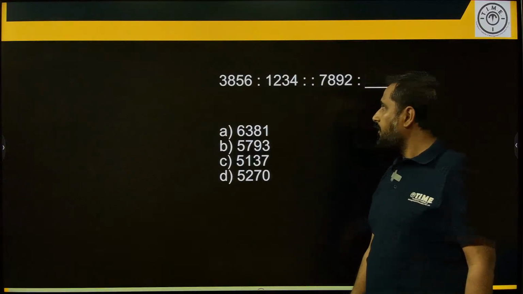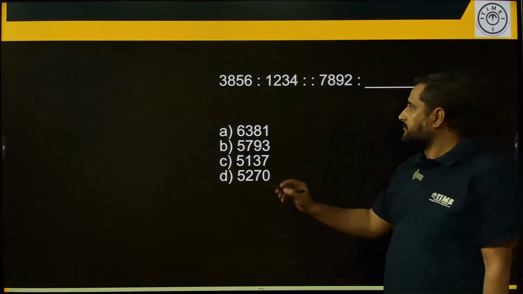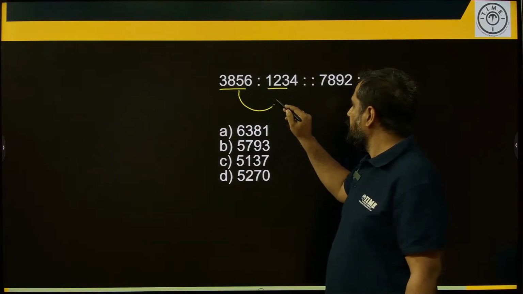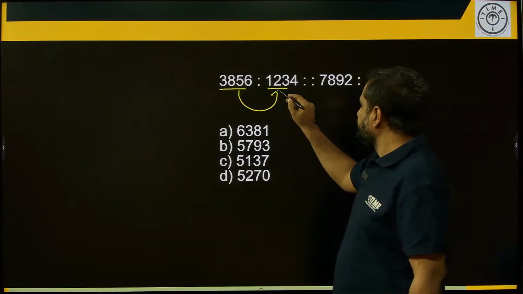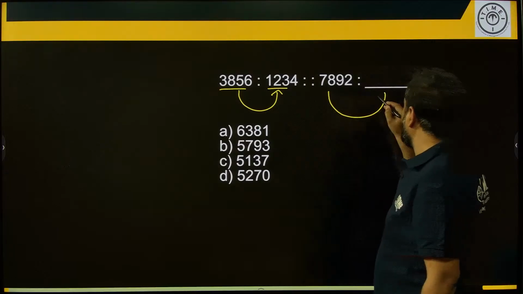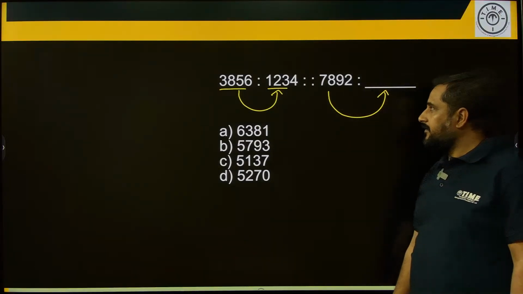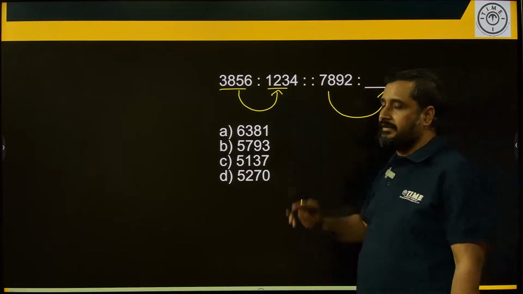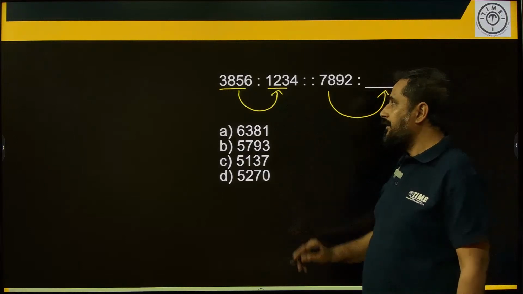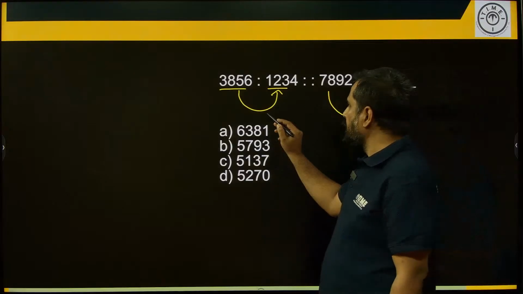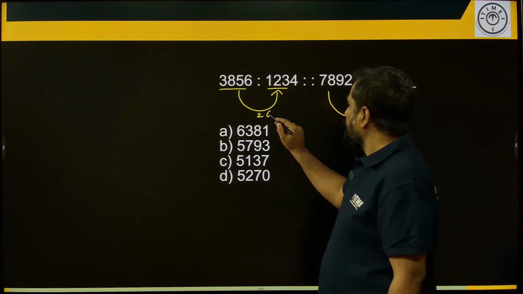3856 is related to 1234. Similarly, 7892 is related to which of the following options? 3856 to 1234: the numbers are decreasing. Numbers are in a decreasing pattern. Now let's check the difference. How much difference do we have here? 2622.